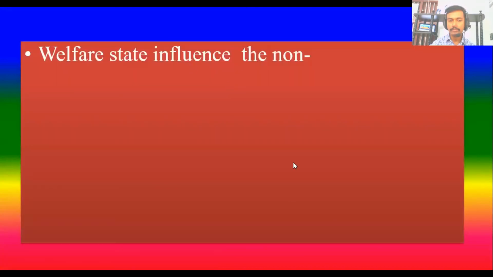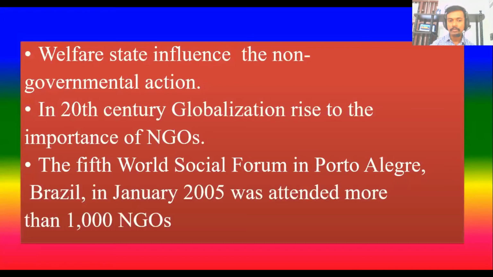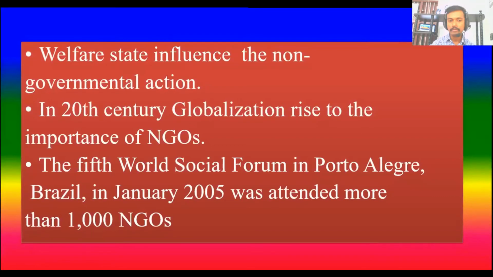Then the welfare state influenced non-governmental actions. In the 20th century, globalization raised the importance of NGOs. The Fifth World Social Forum in Porto Alegre, Brazil, in January 2005 was attended by more than 1000 NGOs. So this is the history of NGOs.